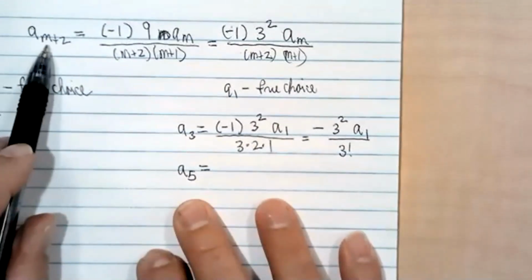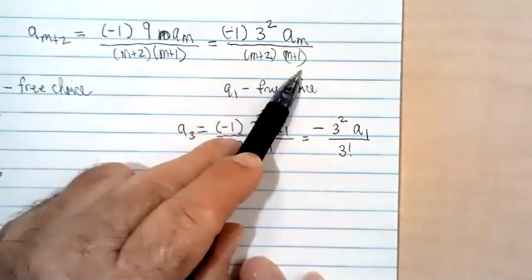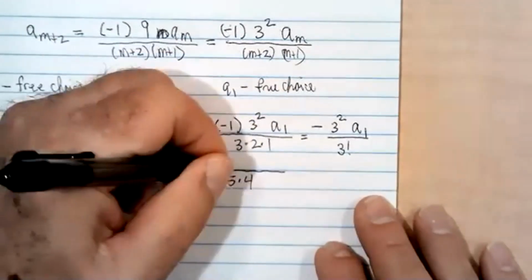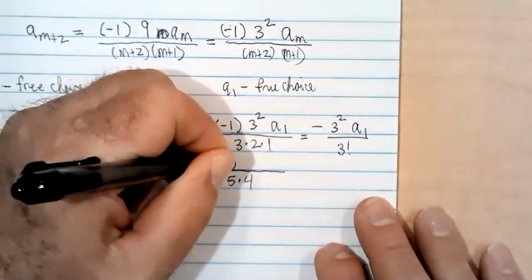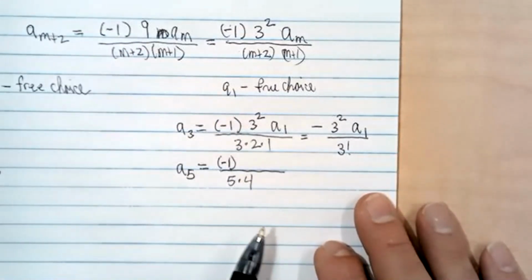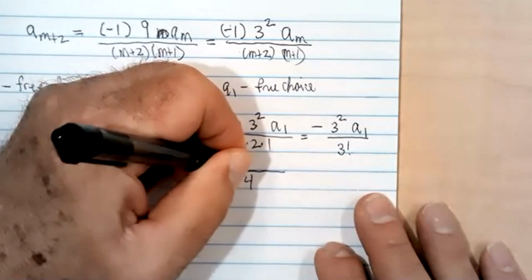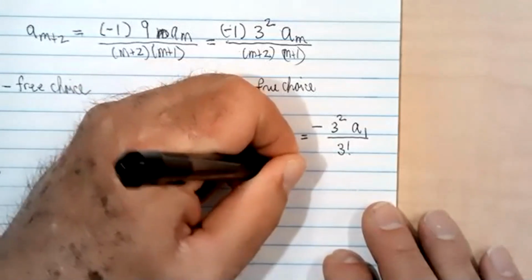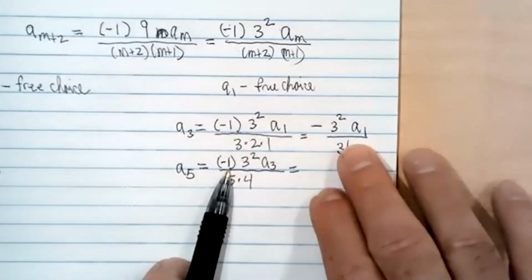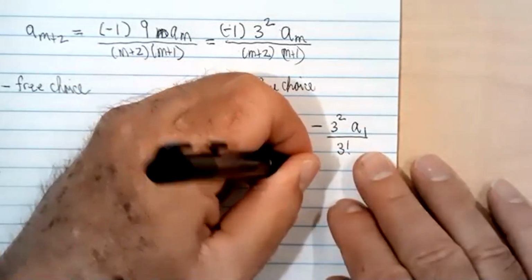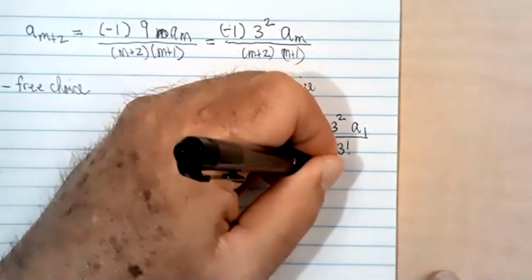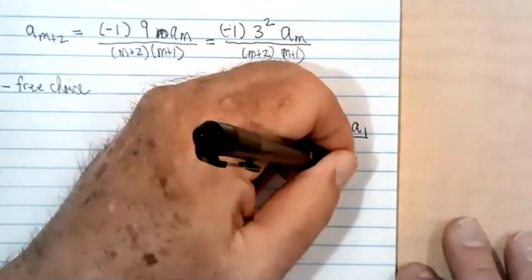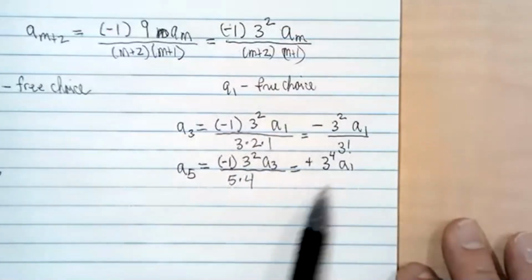Let me do one more, and I think the pattern will start to show up. Now, when I've got a 5 here, I have a 5 and a 4 in the denominator. I pick up a minus 1 compared to what I had previously, always. And 2 factors of 3, and then I've got to have an A3. So I take the negative of this negative to make it positive. Then I've got 3 to the 4th A1.